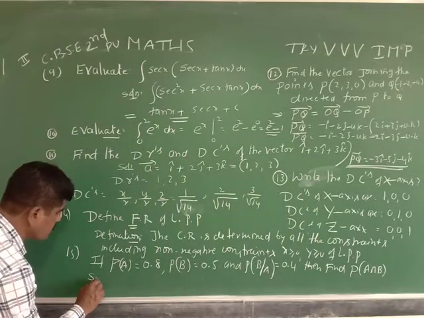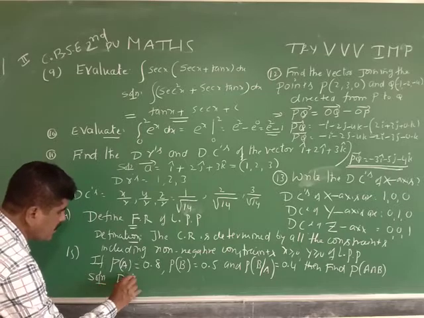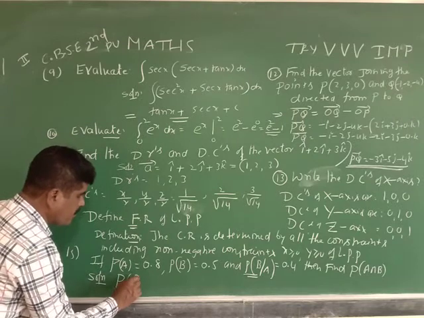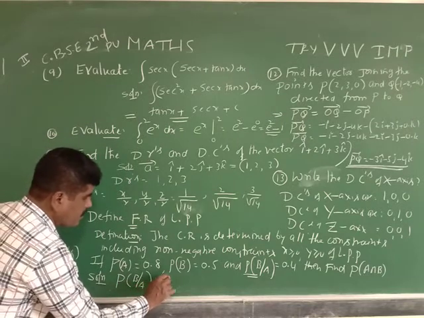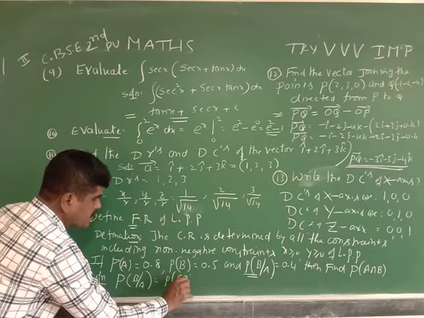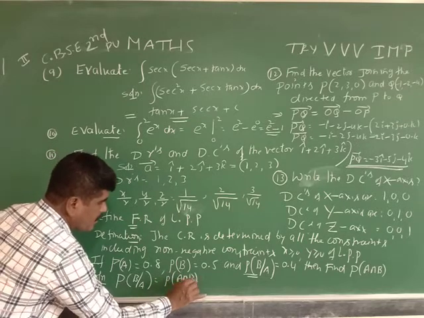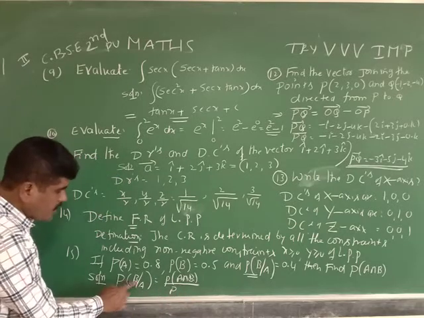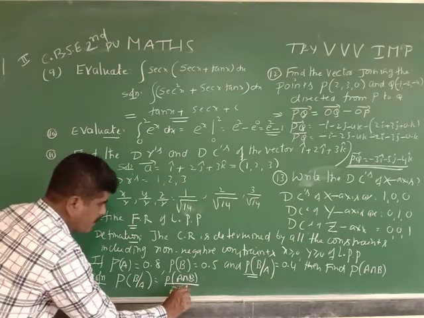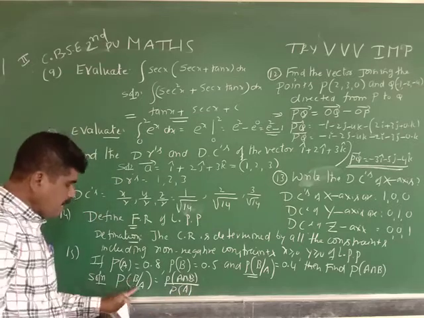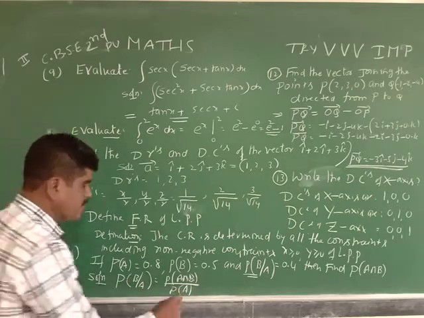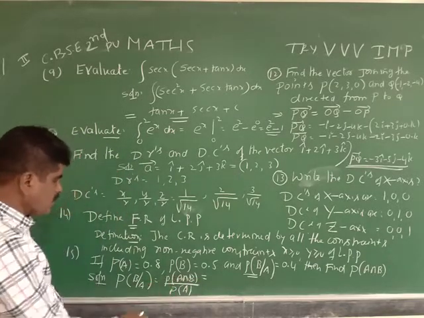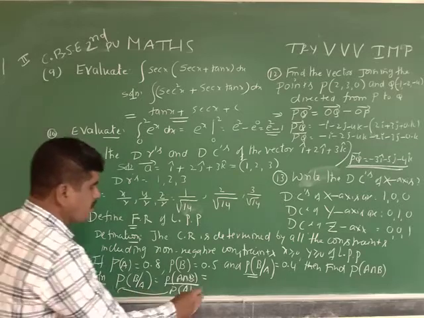Solution, by formula. This is very important, this is observable. Probability of B given A equals probability of A intersection B by probability of A. So you must write P of A. Suppose A given B is asked, then P of B must be written. Since A intersection B is asked, I do cross multiplication.